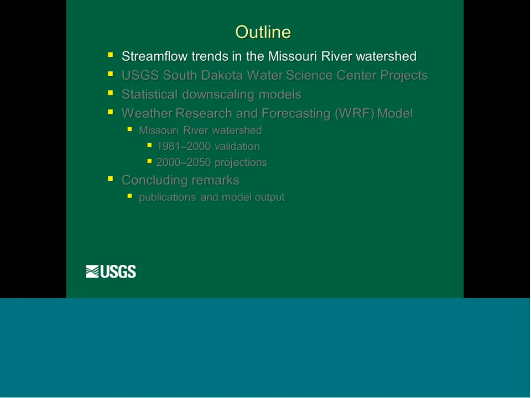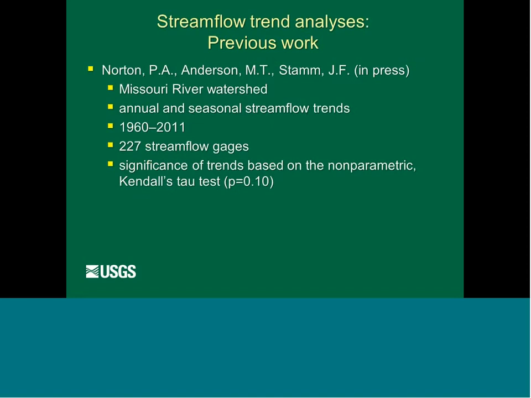Okay, so starting with the streamflow trends in the Missouri River watershed. This goes back before us with the USGS. I ended up joining the USGS in 2008 or so, and prior to that, Parker and Mark were working on looking at streamflow in the Missouri River watershed. They were looking at annual and seasonal streamflow trends.